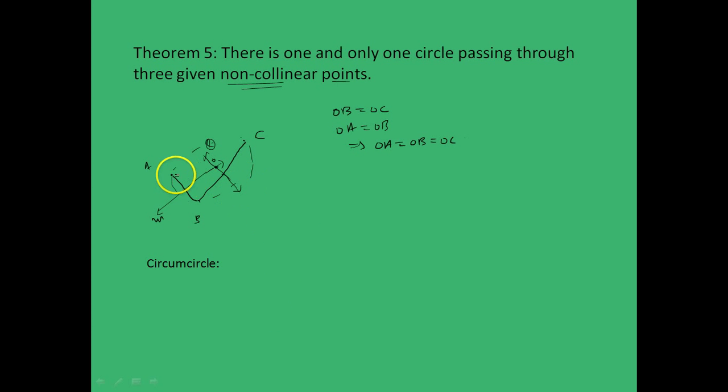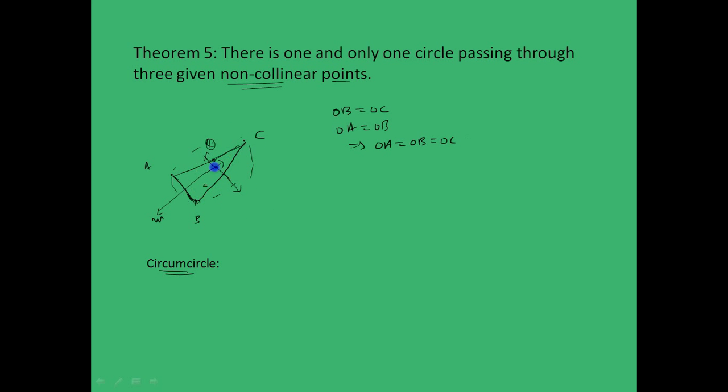Now these 3 non-collinear points could well be a part of a triangle, say triangle ABC. In that case, the circle which is drawn, on which all these 3 points lie, is called the circumcircle of the triangle ABC.